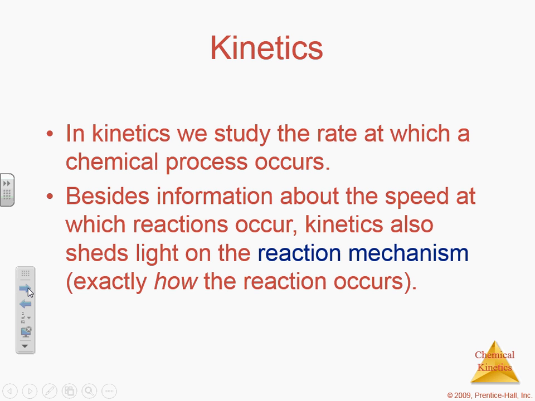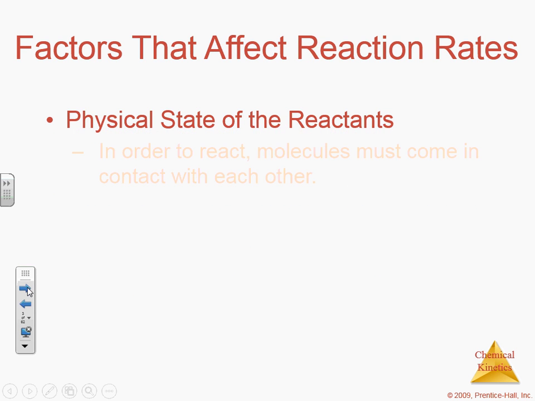And you guys know this, some reactions occur instantaneously, some take a little longer to occur. So why is that? Kinetics is going to help us reveal that. What we're going to try and do is take some math and some calculus and apply it to chemical equations. So that's the process of kinetics.